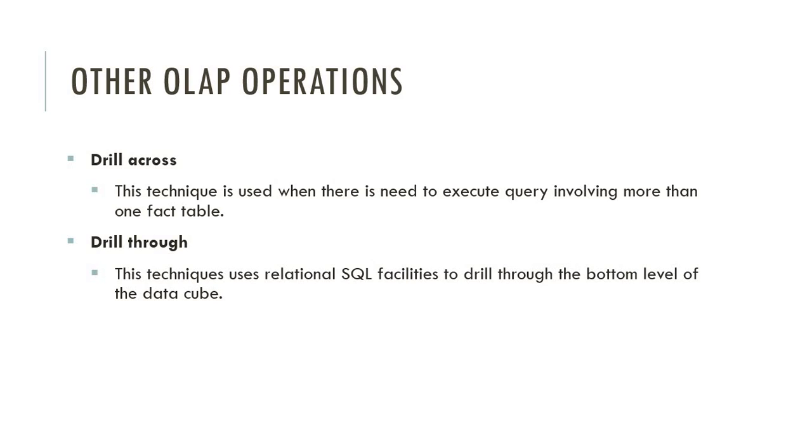And in drill through, this technique uses the relational SQL facilities to drill through the bottom level of the data cube. So the drill through operation provides the SQL facilities to access the data from the data cubes. So this is all about the OLAP operations.